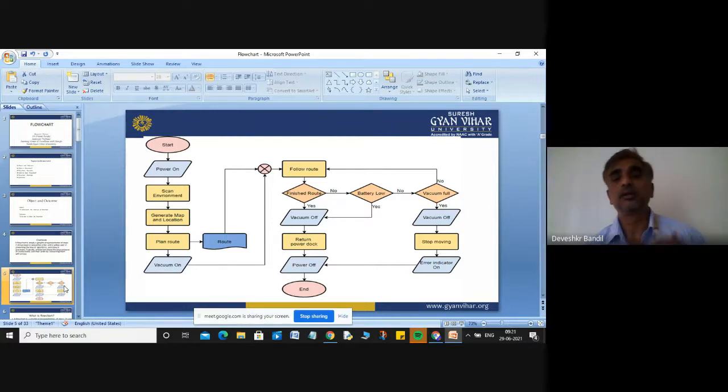Symbols like your rectangle, like your ellipse, like your diamond. So, with the help of these symbols, you will draw the flowchart. This is one example of a flowchart.